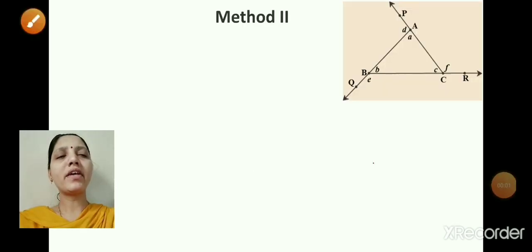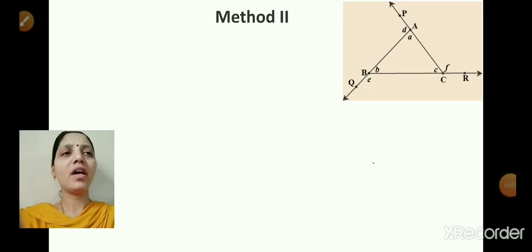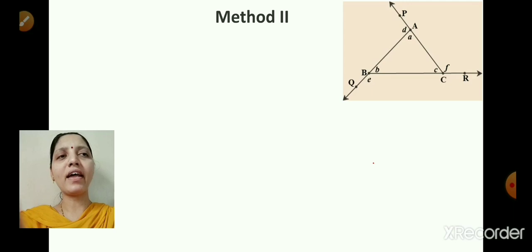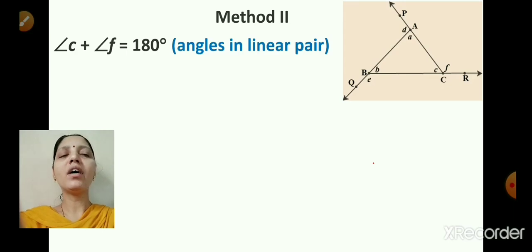Now let's try to prove this statement by the second method. In this method we have assumed the interior angles of triangle ABC as angle A, angle B and angle C. Similarly, we have assumed their respective exterior angles as angle D, angle E and angle F. Now let's start with the proof.